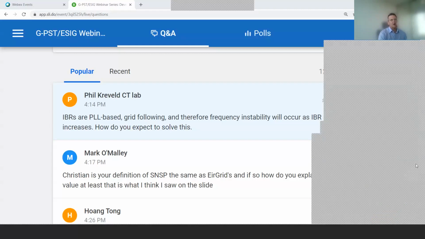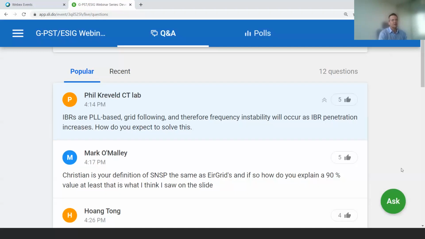So there's ongoing challenges for both converter-based resource PLLs that would need to be managed through a combination of control system tuning and conventional sources, as well as in other parts of the network for wind.